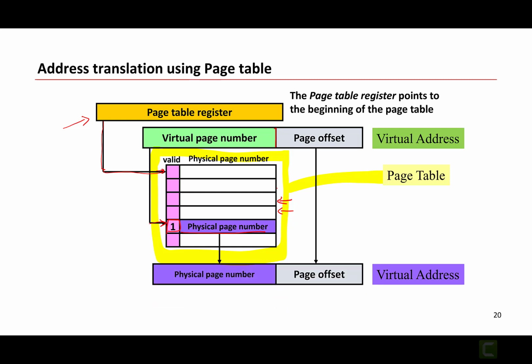Alright, so now you look up the page table, and that gives you the physical page number, and if you concatenate that with your page offset, what you get is your physical address.